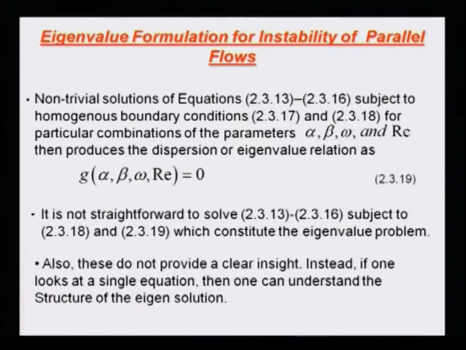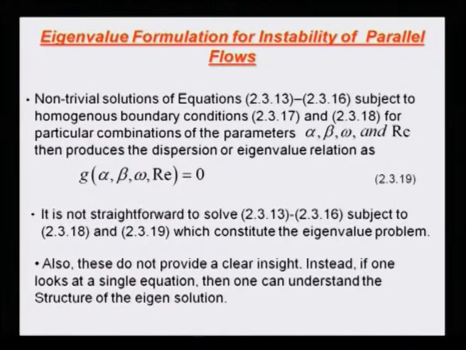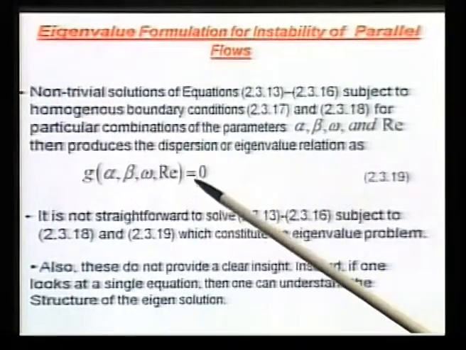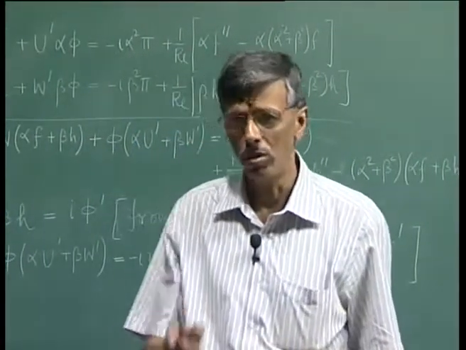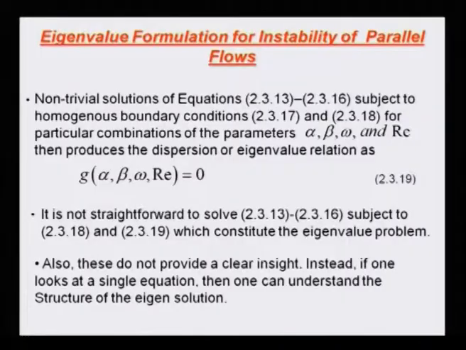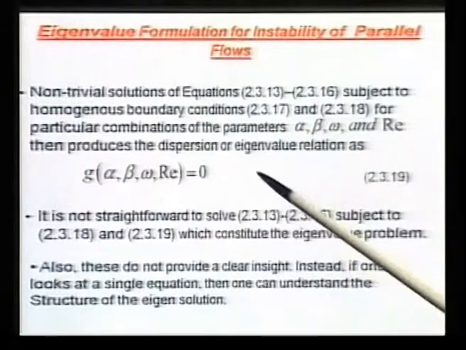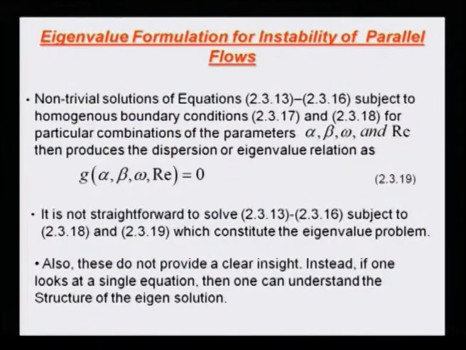They are nothing but the wave numbers alpha, beta, the circular frequency omega, and the Reynolds number as the parameter of the problem. Then we need to figure out the combination of these parameters such that we get those non-trivial solutions. Okay. So, those combinations as expressed by a relation or equation is called the dispersion relation or the eigenvalue relation.